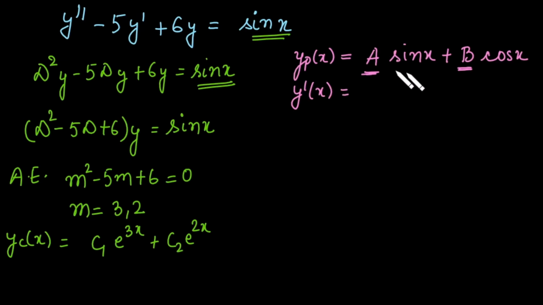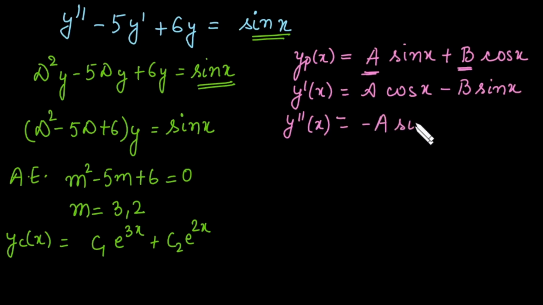The derivative of sine is cos and the derivative of cos is minus sine. Take its second order derivative. So the second order derivative is minus a times sine x, and the derivative of sine is positive cos but negative sine is as it is.